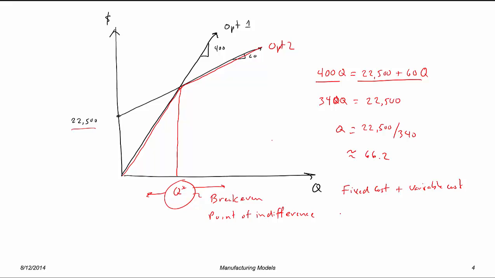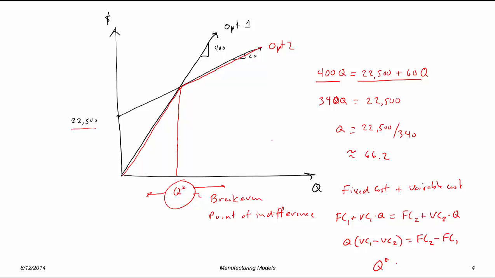And so if we expand our expression, we can say that our fixed cost for option 1 plus our variable cost for option 1 times Q is equal to our fixed cost for option 2 plus our variable cost for option 2 times Q. And if we rearrange a little bit, we can get Q times variable cost for option 1 minus variable cost for option 2 is equal to the fixed cost for 2 minus the fixed cost for 1.